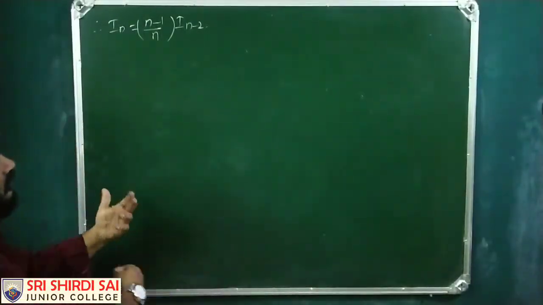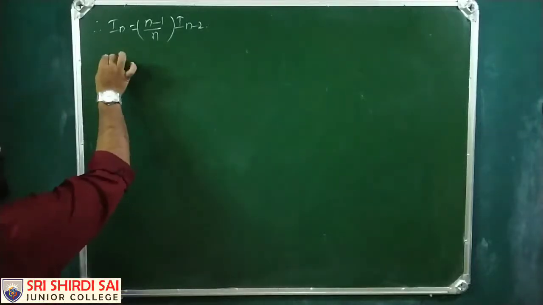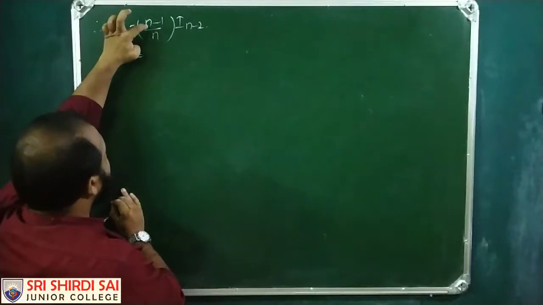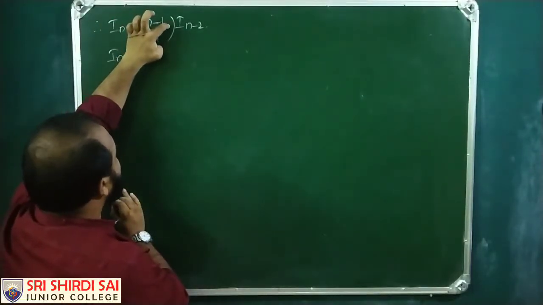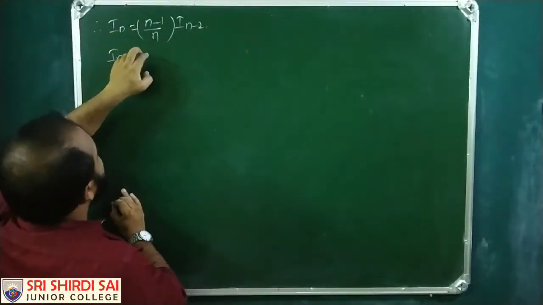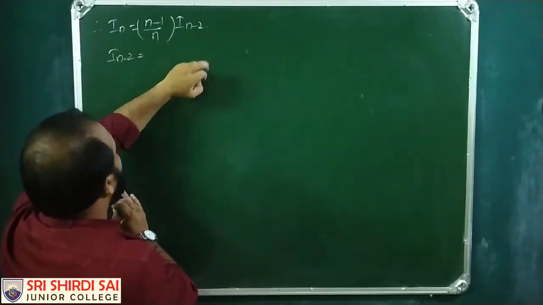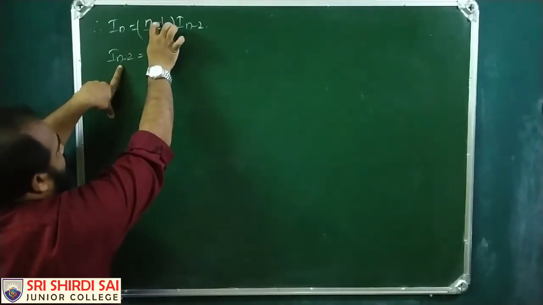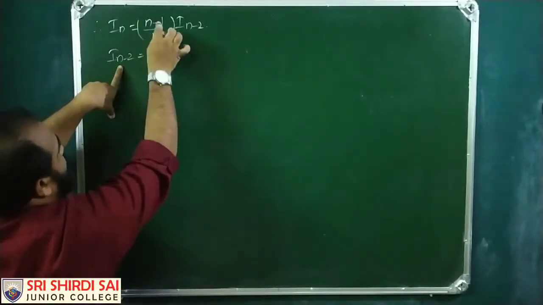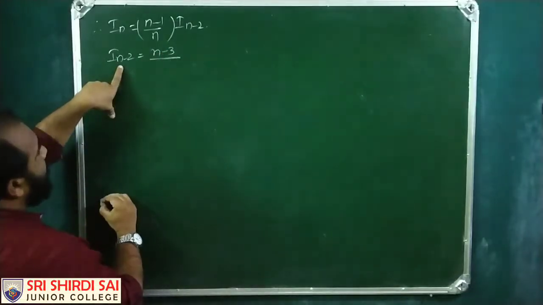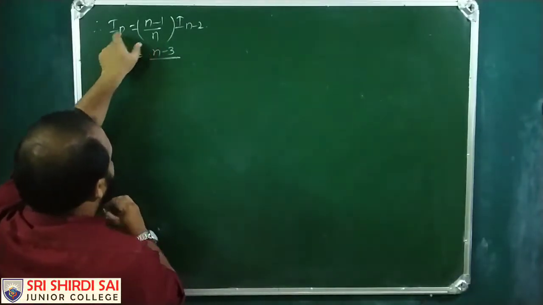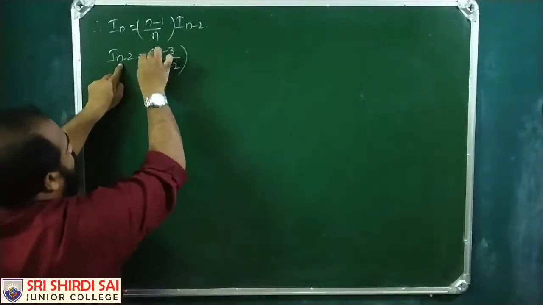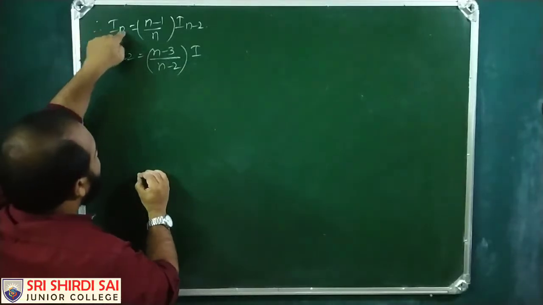On applying the successive reduction, if it is n, the numerator is decreased by 1 and the denominator is as it is. Here it is decreased by 2. So n minus 2 will be decreased by 1 in the numerator, so n minus 2 minus 1, n minus 3, by n minus 2, since n is decreased by 2.